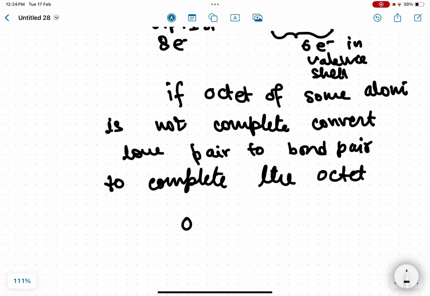So in this case, oxygen, this is the structure.